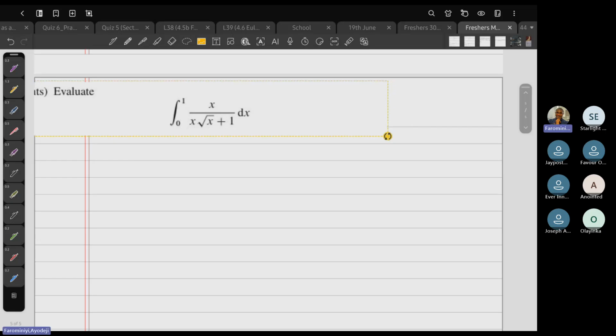So let's forget about the limit first and face the indefinite integral: x over x root x plus 1 dx. Does anybody here have an idea of the direction to go? Anybody?